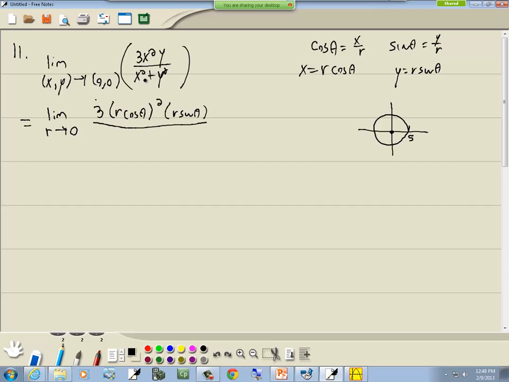Now down here, if I plug those in, I can work down the math and do it. But we also remember that r squared is equal to x squared plus y squared. So this x squared plus y squared down here becomes r squared. Well, up on top, r cosine theta squared gives us r squared cosine squared times r sine theta over r squared.